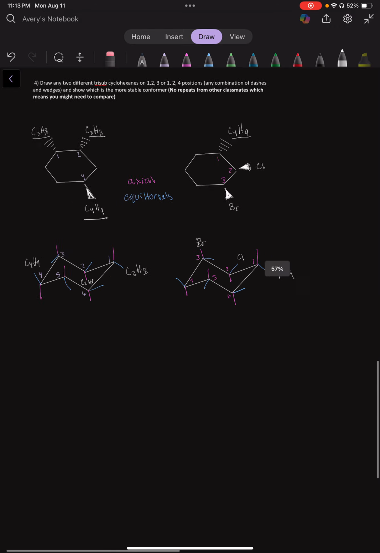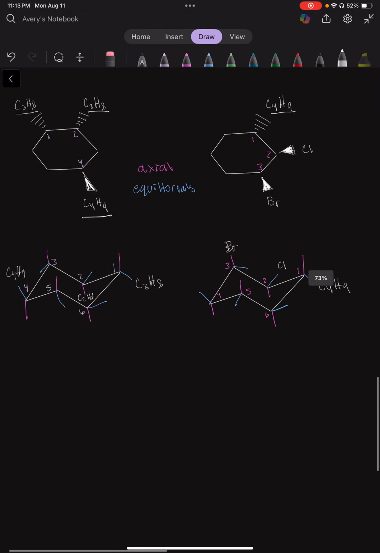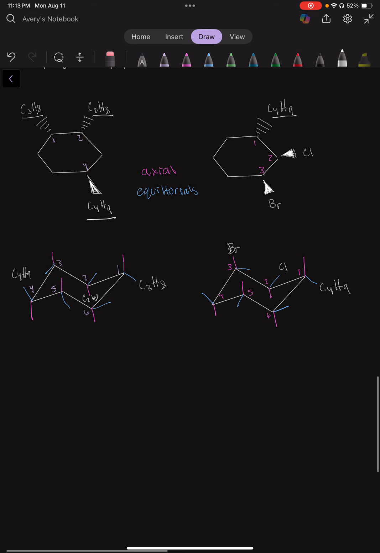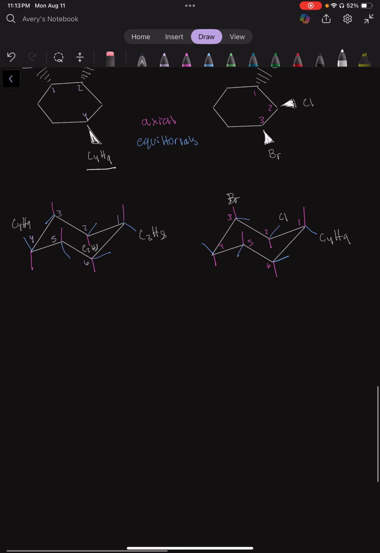So the first thing that we look at when we are considering stability of a conformer is the largest group. In this case, our largest group is C4H9, and we want that largest group, as I was saying before, on the equatorial. So in this case, any of the blue lines that I drew on these chairs. This is why it helps to color code.